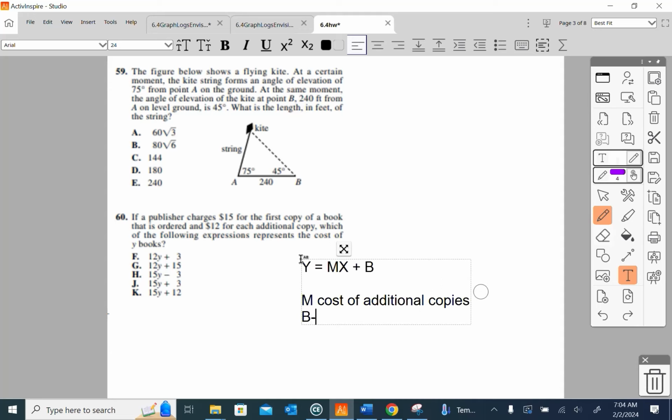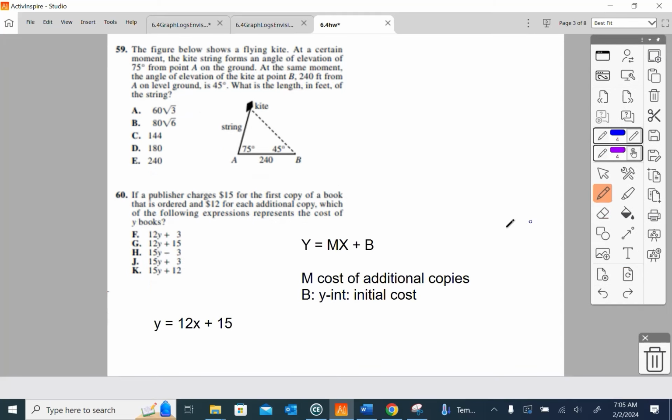B, which is usually your y-intercept, is going to be the initial cost. That's all there is to it. So I'm thinking y equals a 12 each additional copy plus an initial cost of 15. So that's pretty simple. That's going to have to be G.